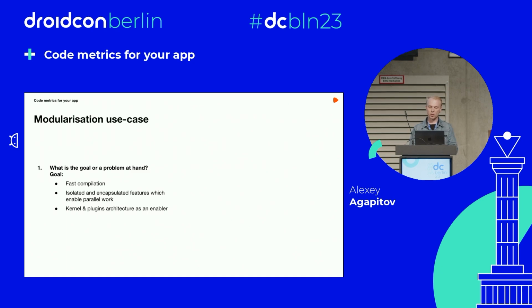So with this architecture, we can enable the work of multiple teams in parallel so that they don't conflict with each other. The work of one team does not necessarily impact the work of another team. And that's why it's good both from the build time optimization and also from the architectural point of view.